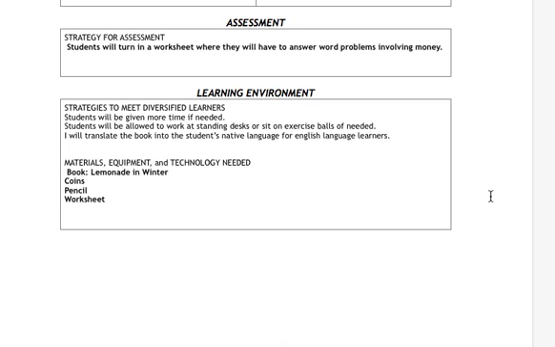They would also be allowed to work at alternative workstations like standing desks or sitting on exercise balls. For my ELL students, I would find a translation of this book so that they would be able to understand exactly what is going on. The materials that you would need for this are the book, coins, a pencil, and the worksheet.